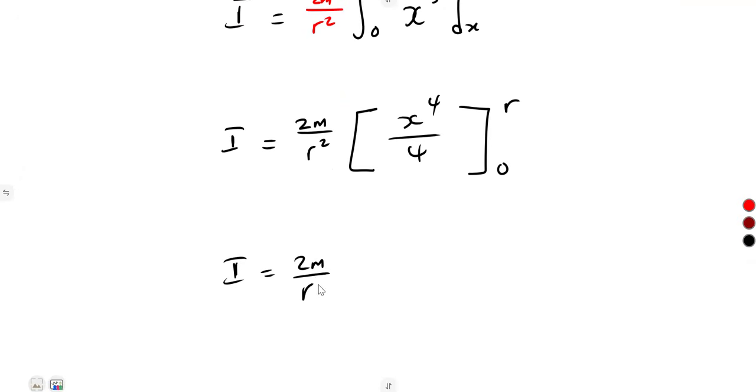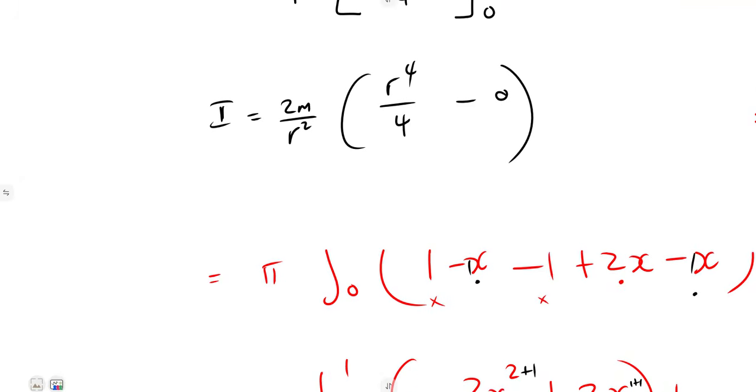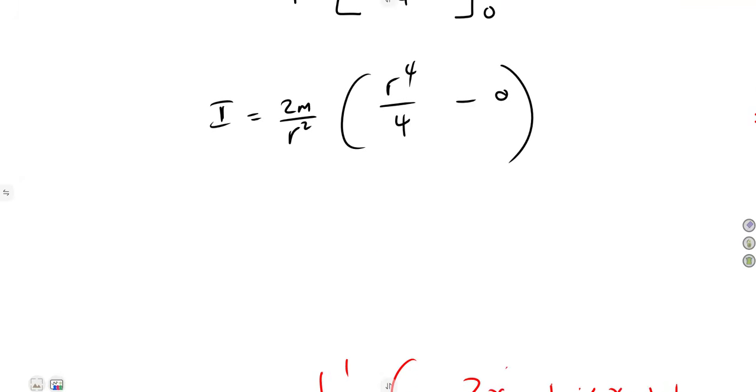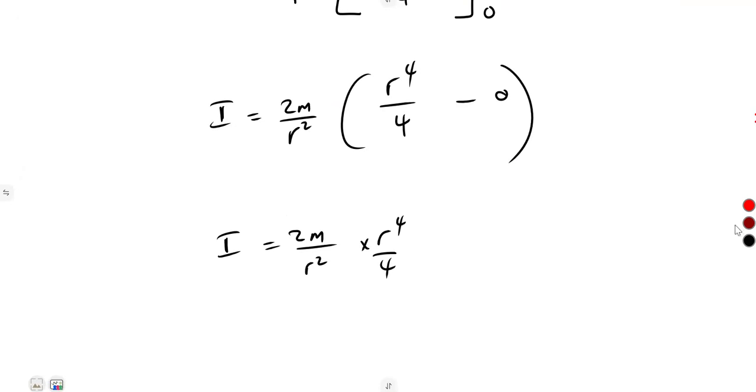So that's 2m over r squared times the upper limit r to the power of 4 over 4, minus the lower limit, which gives us 0. So you have 2m over r squared times r to the power of 4 over 4. We can reduce 2 into 2, that's 1, and r squared into r to the power of 4, leaving r squared. So that is equal to m r squared over 1 times 2, that's 2.